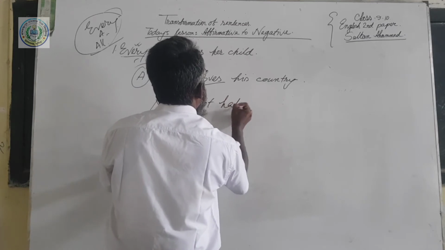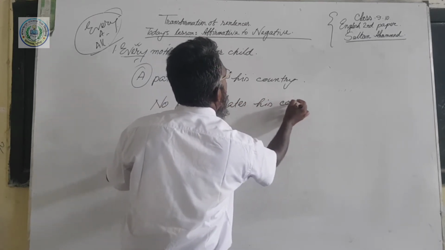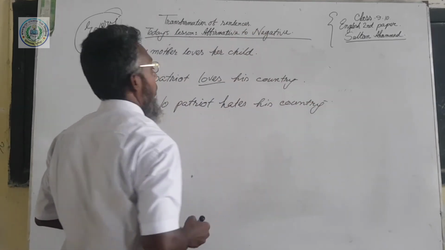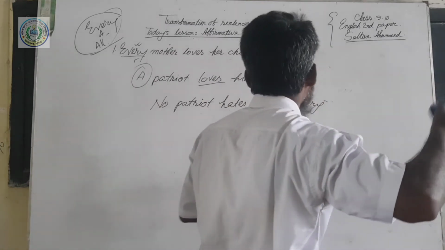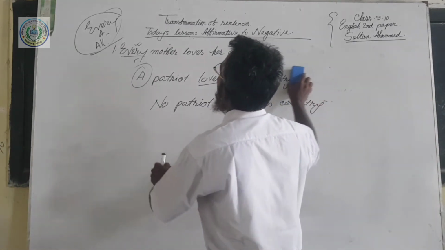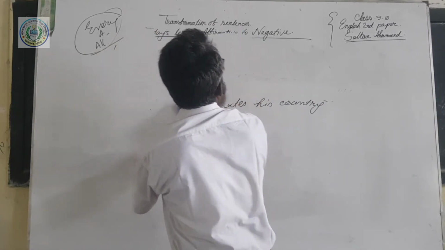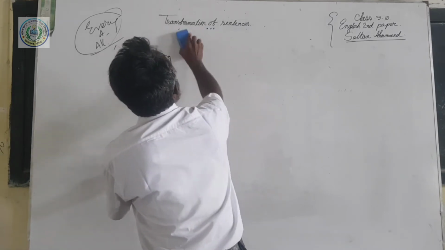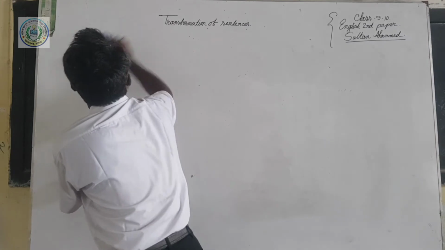So: no patriot hates his country. So this is the rule. I think, my dear student, you have understood how to transfer from affirmative to negative sentence if you get a sentence starting with a, all, every.